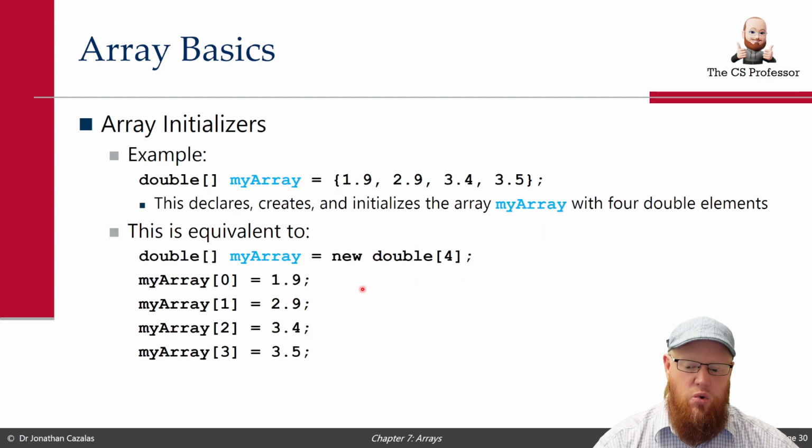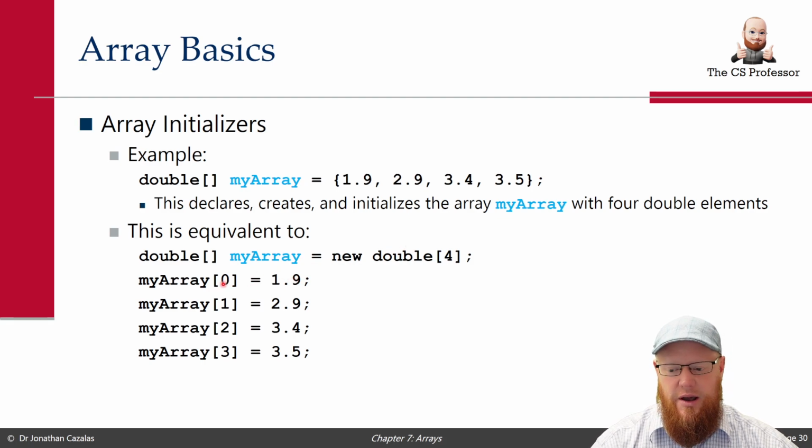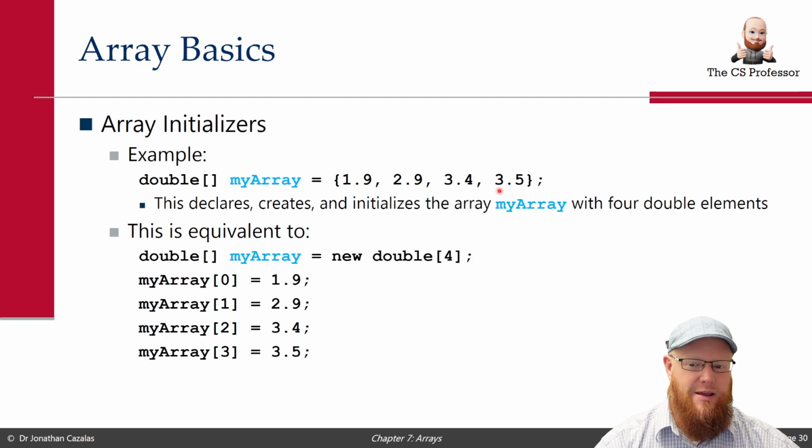Java gives you this shorthand method of doing that. That would in fact be equivalent to these entire 5 lines of code. I could have made an array of size 4 doubles and then individually saved 1.9 to index 0, 2.9 to index 1, and so on. Or I could have made it directly like this.